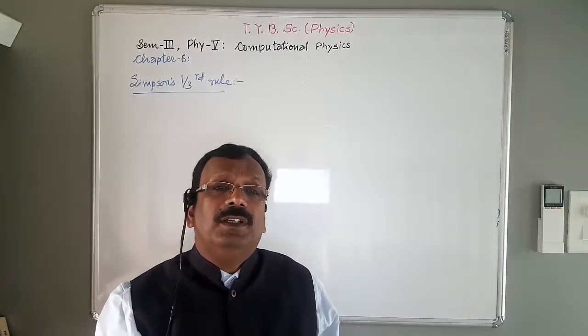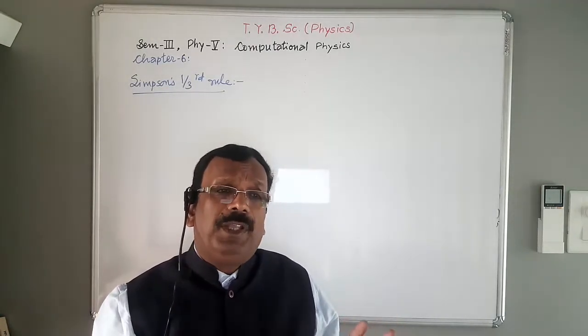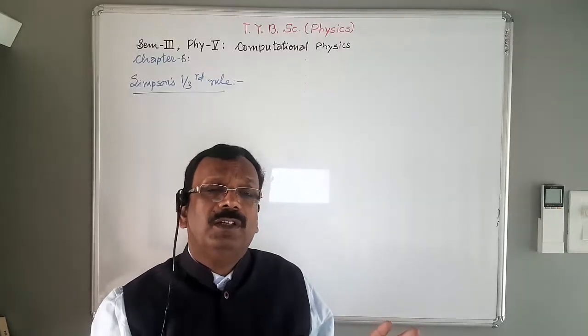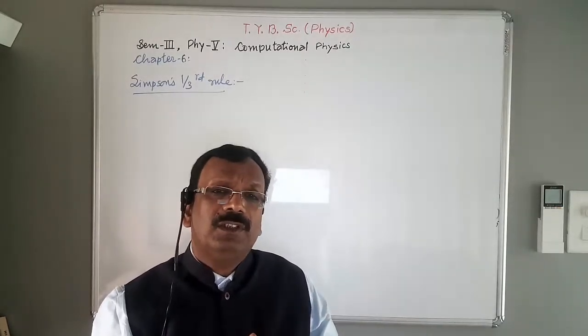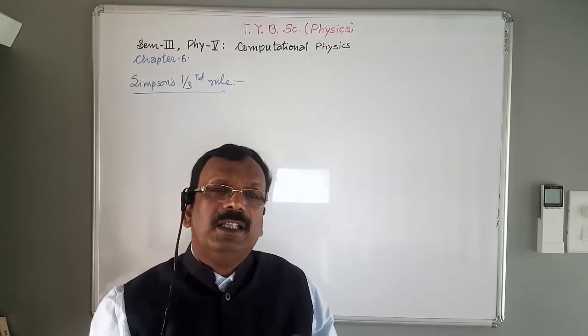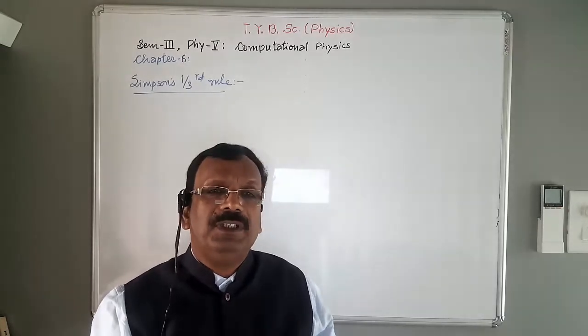If you compare the trapezoidal rule and Simpson's 1/3 rule, you will find that there is a minute difference between these two rules.